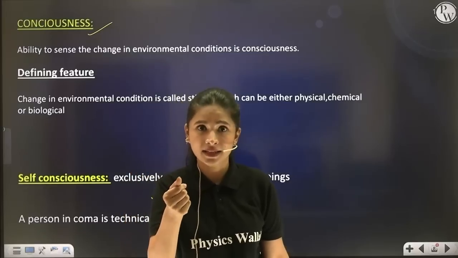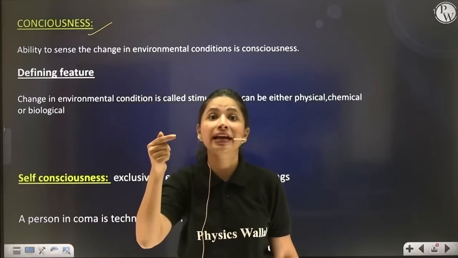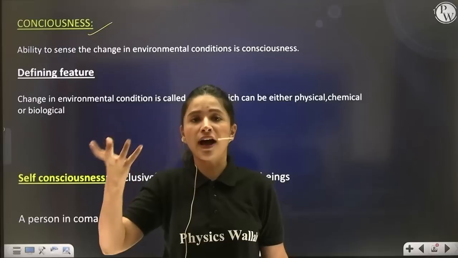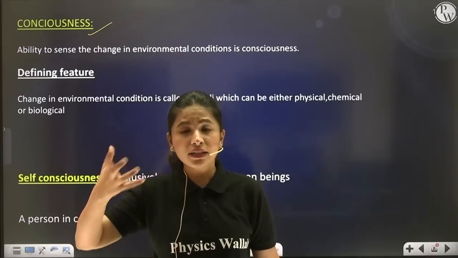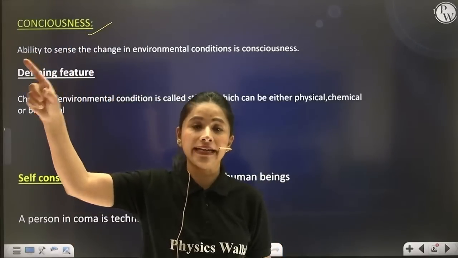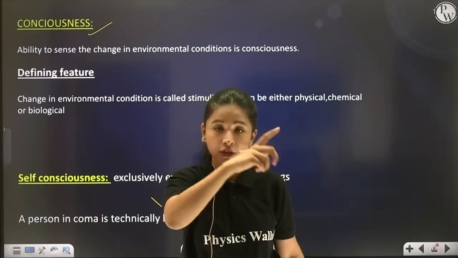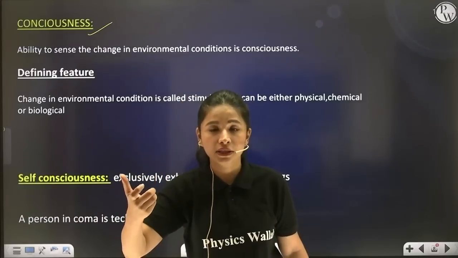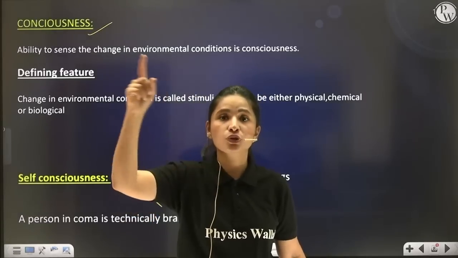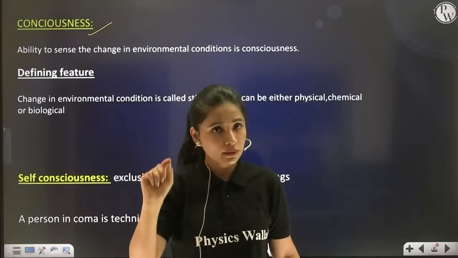Plants, they show response to light. Photoperiodism, the concept of flowering, photosynthesis, all these phenomena are shown by plants in response to light, in response to temperature. So what is light? What is temperature? These are external conditions and plants are showing response to them. Right?